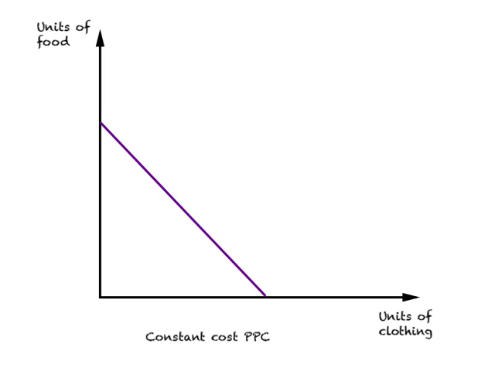Now here, if you are given a budget line and this exactly overlaps the PPC, in this case the production equilibrium can happen at any of these points. So we do not have a unique solution when we have a constant cost PPC, because all these points represent the best points for this country.